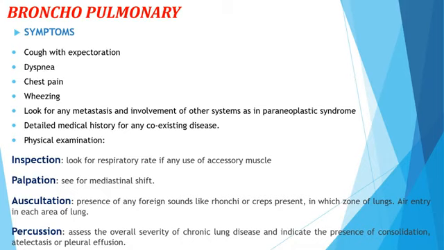Percussion means tapping: assess the overall severity of the chronic disease and the presence of consolidation, atelectasis or pleural effusion. This is regarding the bronchopulmonary system and the physical examination.